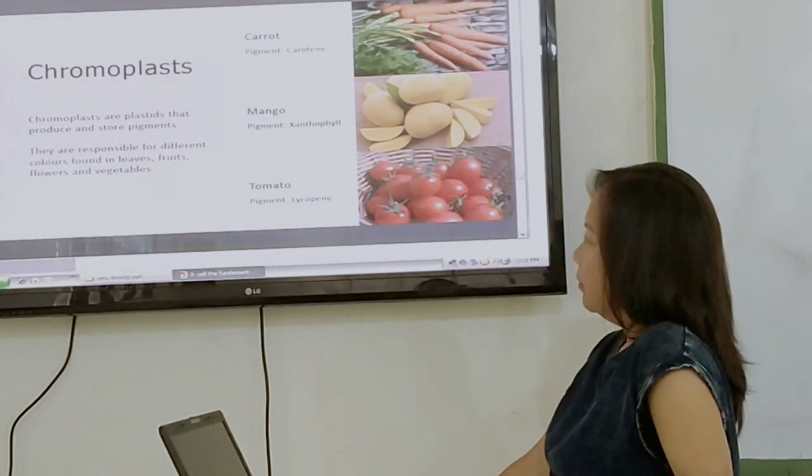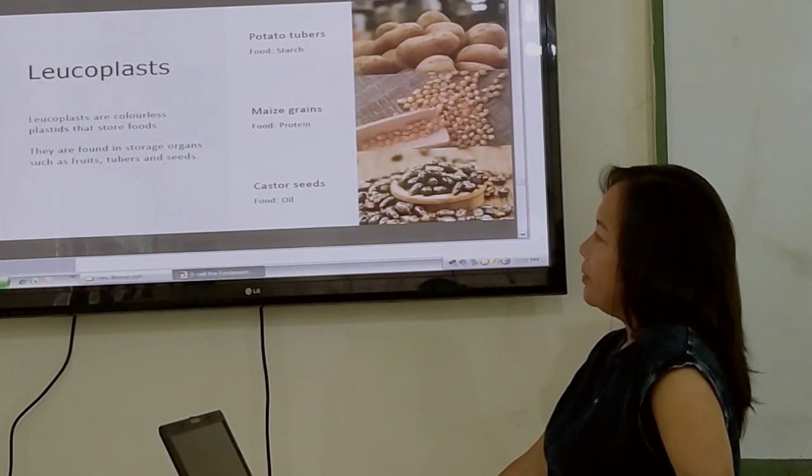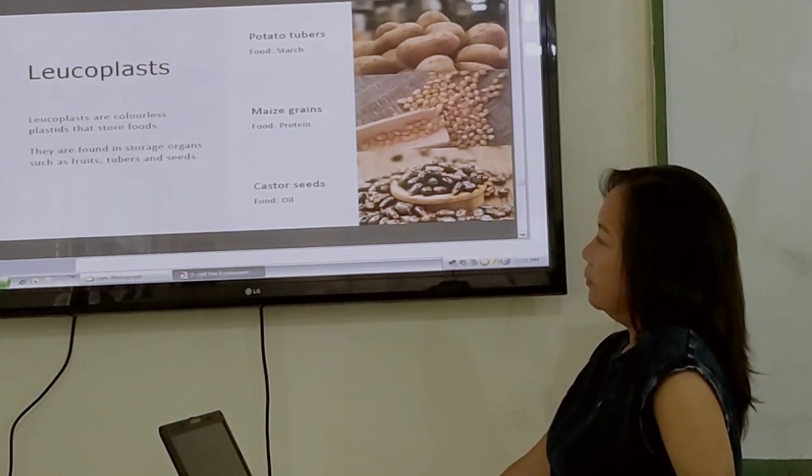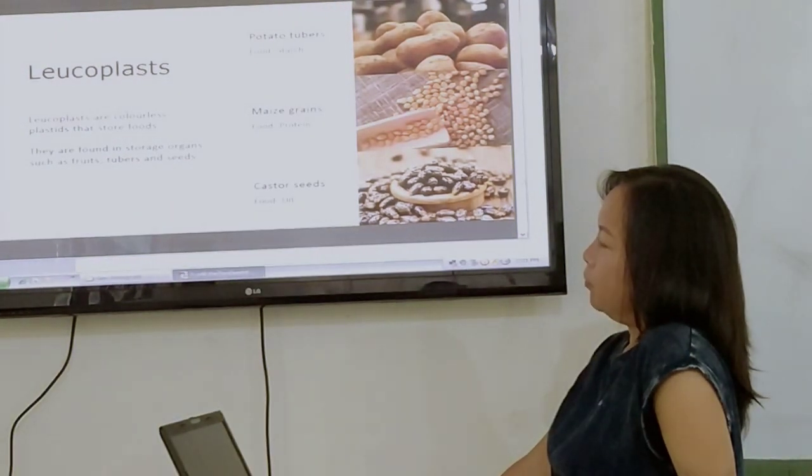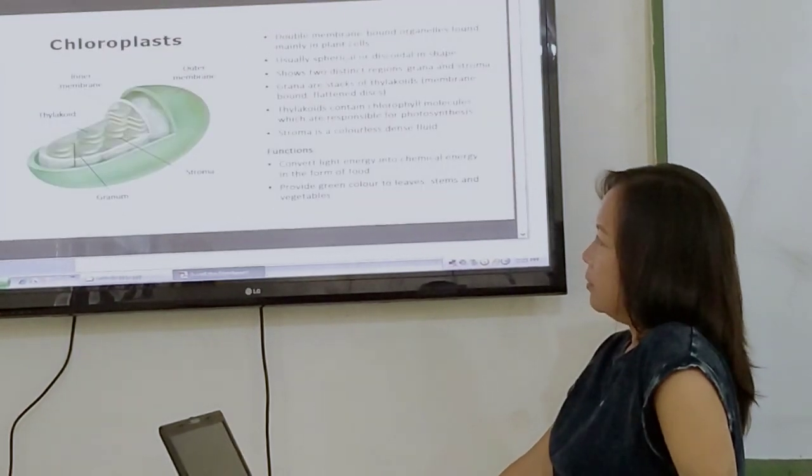Leucoplasts are colorless, like for example those storing starch, proteins, then oil. So they are found in the storage organs like fruits, tubers, and seeds.